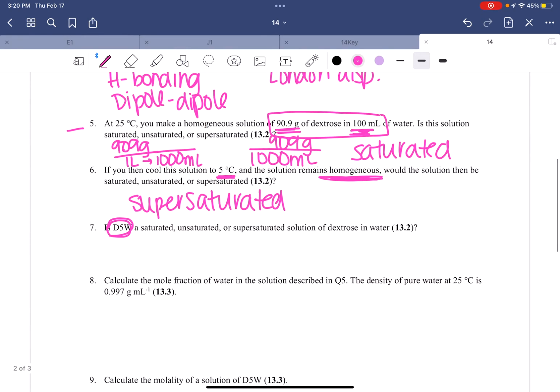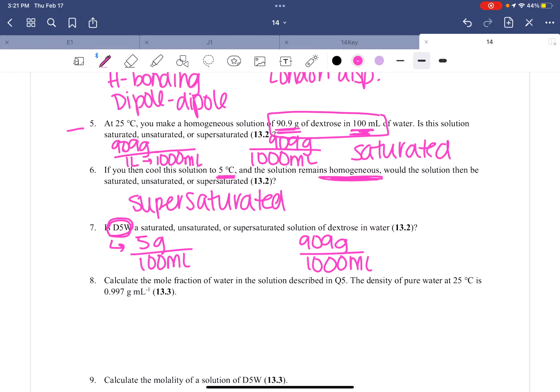So we're just going to write that again for the D5W. We have 5 grams over 100 milliliters. Is this saturated, unsaturated, or supersaturated? And so we want to compare it again to the solubility limit of dextrose in water just generally. And so that's 909 grams per 1,000 milliliters.